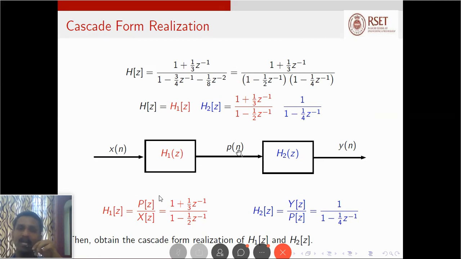If you need to analyze some intermediate output, and you are not splitting the transfer function, you will not get the intermediate stages like p of n. If you are not splitting the system into two different transfer functions, you will not be able to analyze the outputs of the different parts. That is the idea behind, that is the need of cascade form realization.